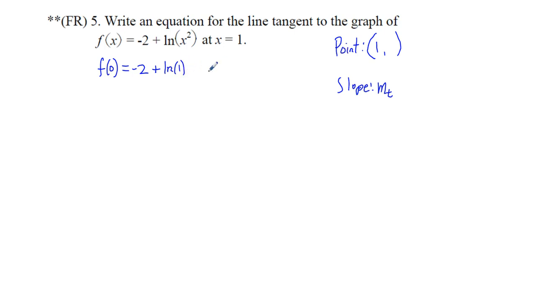Well, that's going to be 0 because what power does e need to be raised to equal 1? Well, 0. So we're going to get -2.